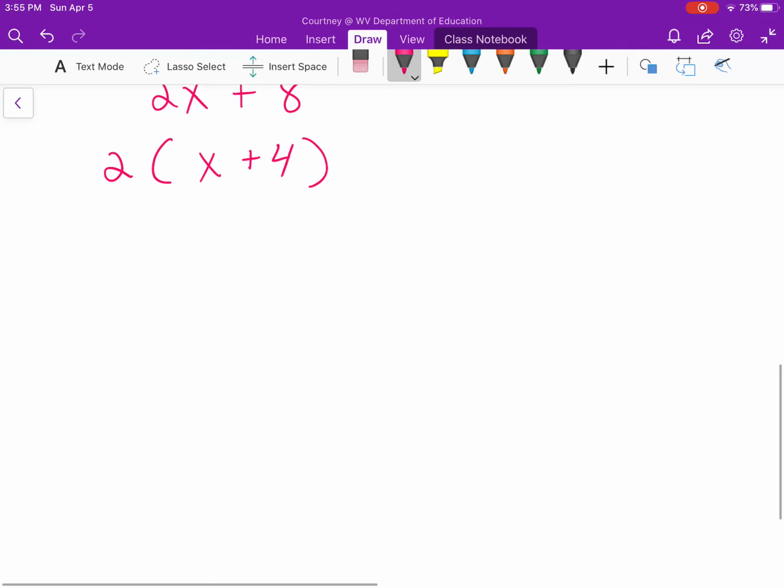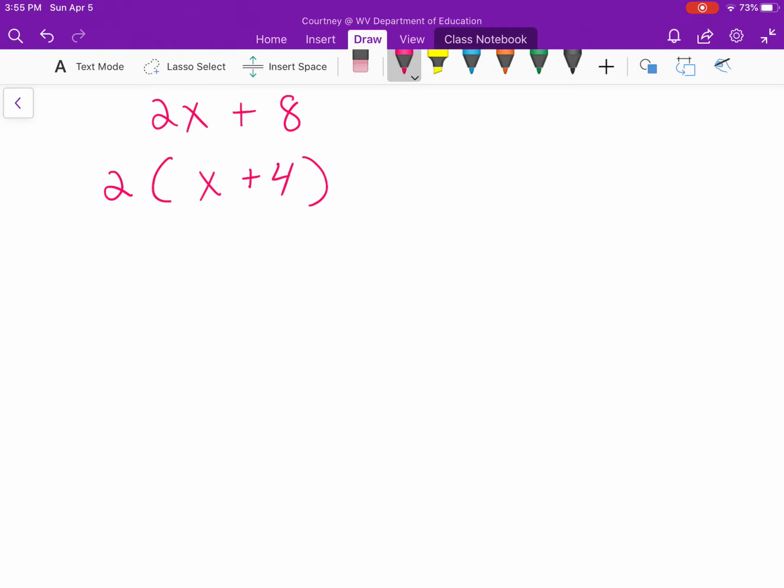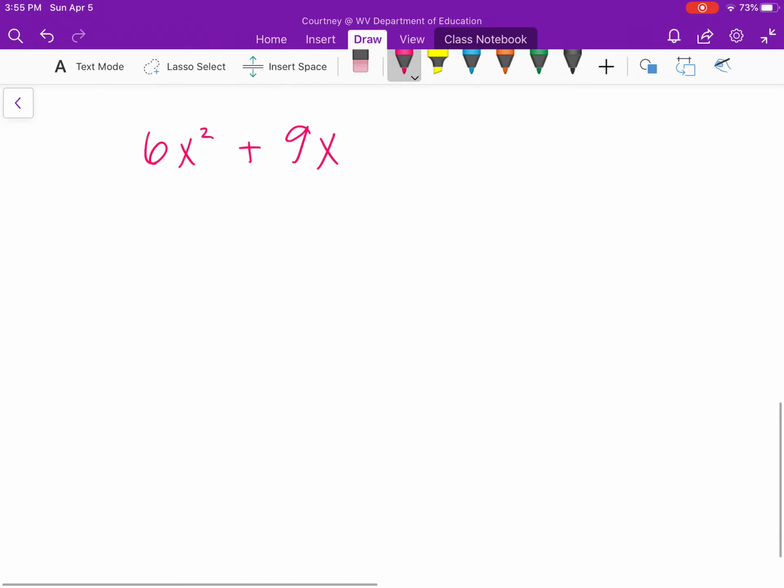What if we have something like this? 6x squared plus 9x. If you want to list the factors over here, you can, but you don't have to. So we've got 1 and 6, 2 and 3.